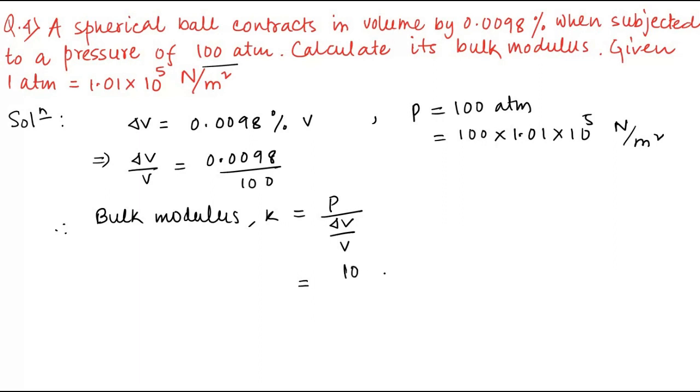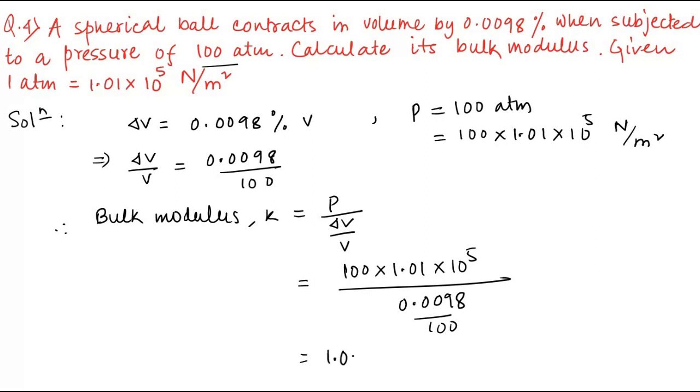So P is 100 into 1.01 into 10 to the power 5 divided by 0.0098 divided by 100. So after calculating this, the answer would be 1.033 into 10 to the power 11 Newton per meter square. So the bulk modulus is this, 1.033 into 10 to the power 11 Newton per meter square. So this is our answer.